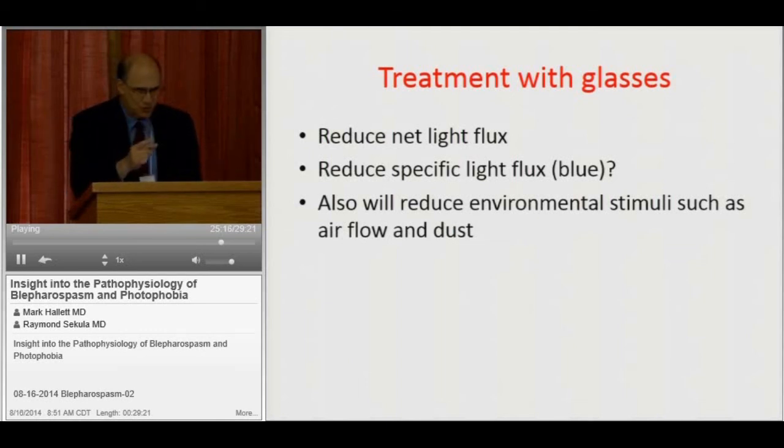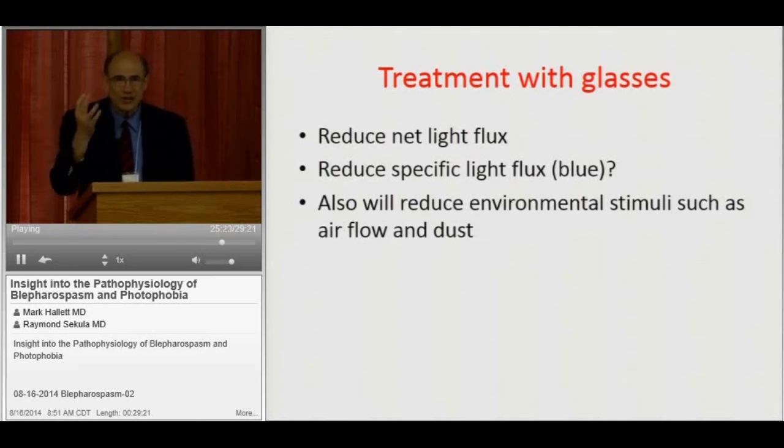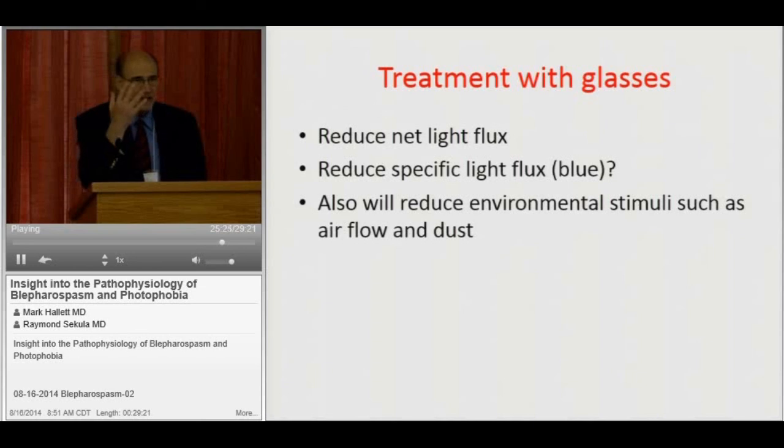Now, glasses also reduce environmental stimuli such as airflow and dust. So glasses have another role in addition to light. They do play several different roles in perhaps the advantage for decreasing photophobia.